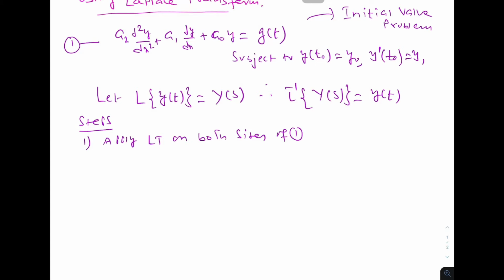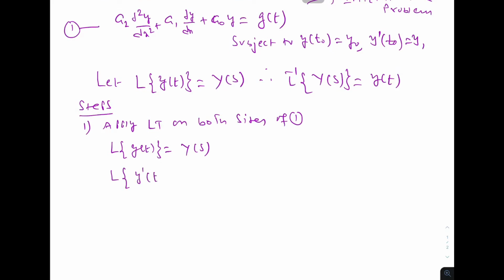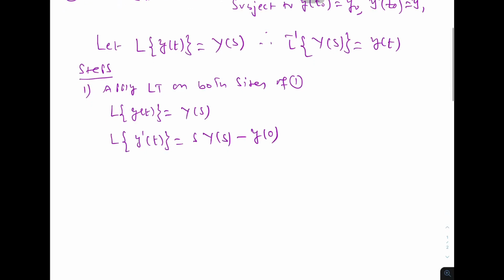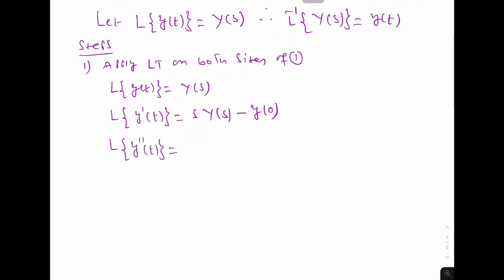Then you need to use the formula like this. Laplace transformation of y of t equal to Y of s, Laplace transformation of y dash t equal to sY(s) minus y at 0, Laplace transform of y double dash t is s square Y(s) minus s y0 minus y dash 0.